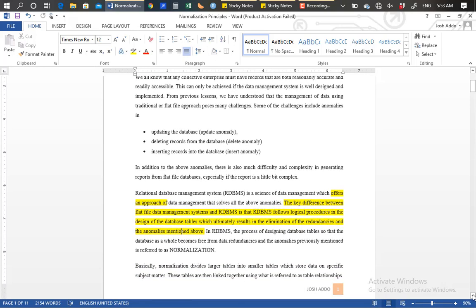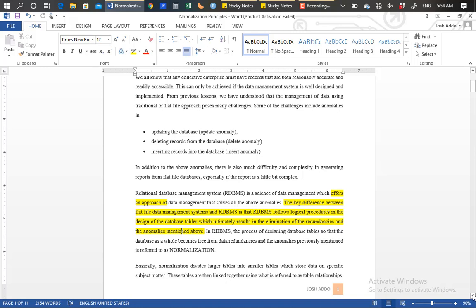So to save that situation, there's a new science of data management which we have already talked about, which is relational database management systems, shortened as RDBMS. The main difference between the flat file data management system, which we have already discussed, and the RDBMS is that RDBMS tries to break the database tables into logical tables.